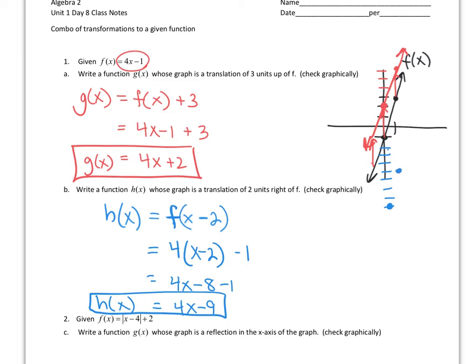And what you want to see here is that every single point was shifted 2 units to the right. And this is our h of x. So that's the big idea of today, is doing transformations and translations to a graph that is given.